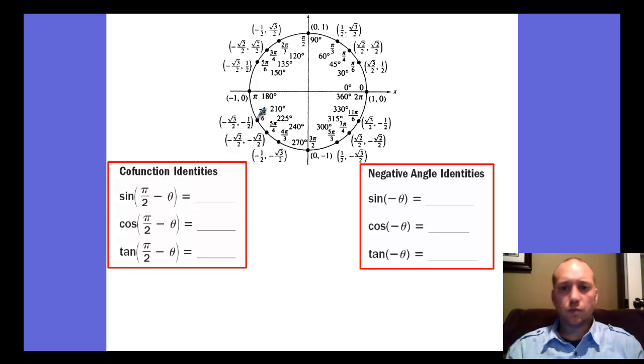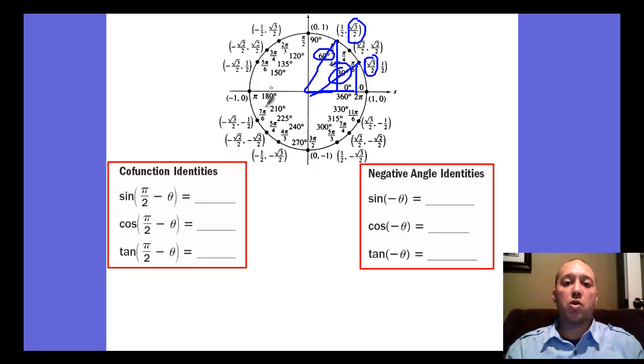Cofunction identities. On the unit circle, if we look at 30 degrees here, the cosine of that, the x value, is root 3 over 2. That x value here is equal to the y value in the pi thirds, the 60-degree triangle. Those are the same. If you look at our angles, 30 and 60, those add up to be 90 or pi halves.